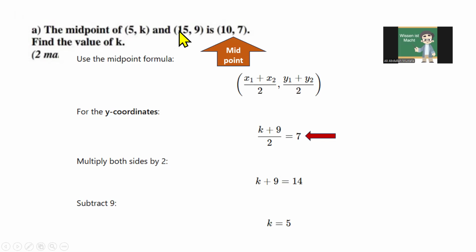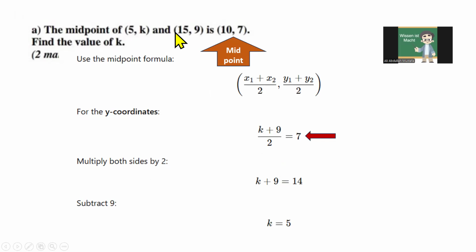So it is (x1 plus x2) over 2, and (y1, k, plus y2) over 2. So it is k plus 9 over 2 equals the midpoint y, which he gave to me, which is 7.